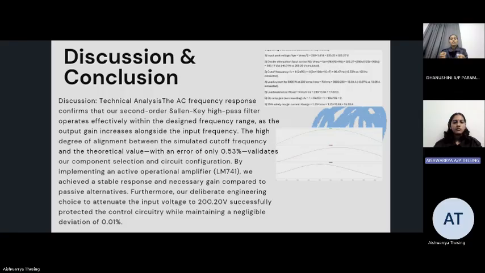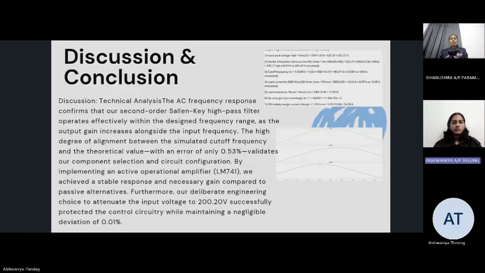Additionally, the input voltage is attenuated from 325.27 volts peak to approximately 200.20 volts peak using a resistive voltage divider. From here we can see the deviation is about 0.01%, which ensures safe operation and controls the circuit.